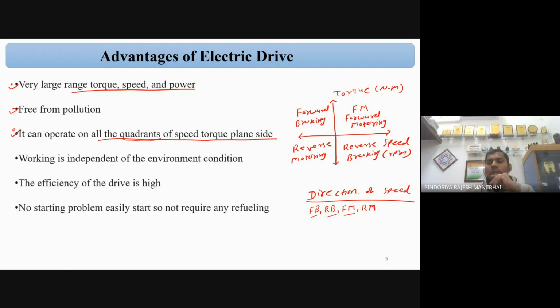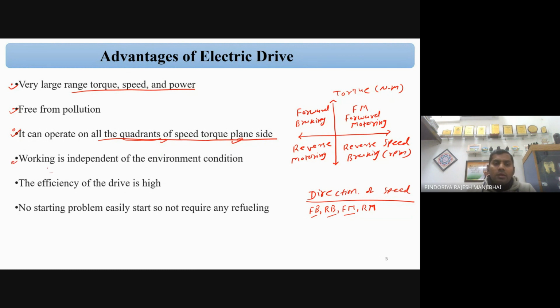So we have four quadrant operation of the drives, and that is possible in drives operation. And this four quadrant operation is important for all applications, maybe an electric vehicle, a crane, or a lift. Any application we mostly operate in four quadrant operation. We will discuss the four quadrants in detail.